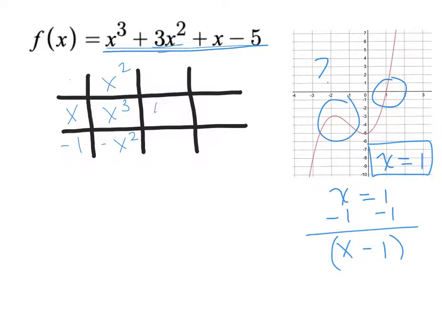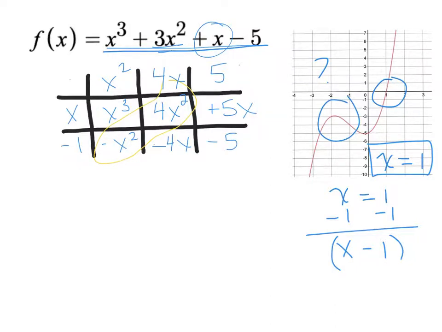That means this box has to be a 4x squared because 4x squared and negative x squared give you 3x squared. That means this box has to be 4x, and 4x times negative 1 is negative 4x, but we need positive x, so that means in this box we have to put positive 5x, and that'll give us that, and this means x times 5 is 5x. 5 times negative 1 is negative 5.